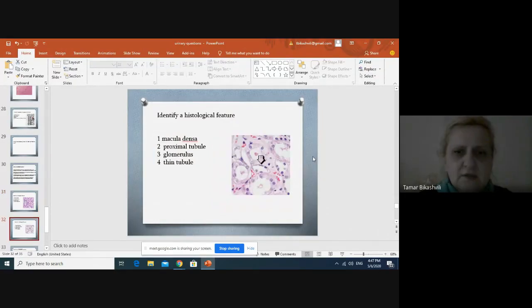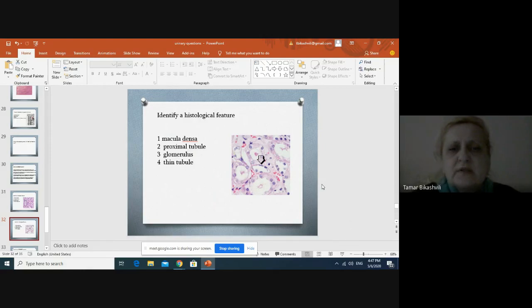Okay, the next question. What do you think this cross-section of the tubule is?